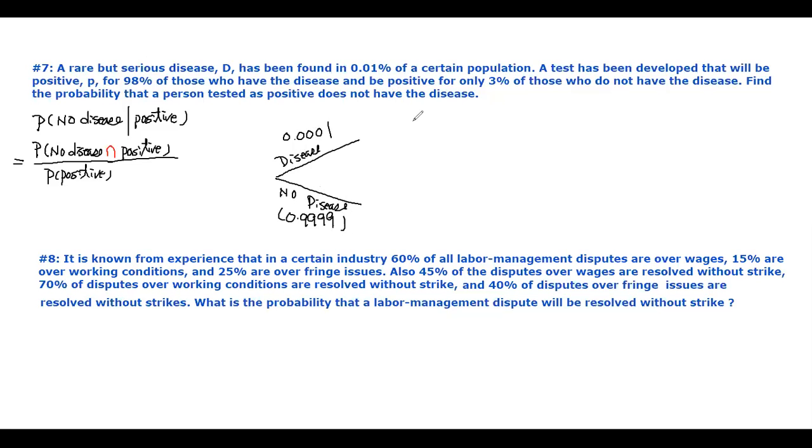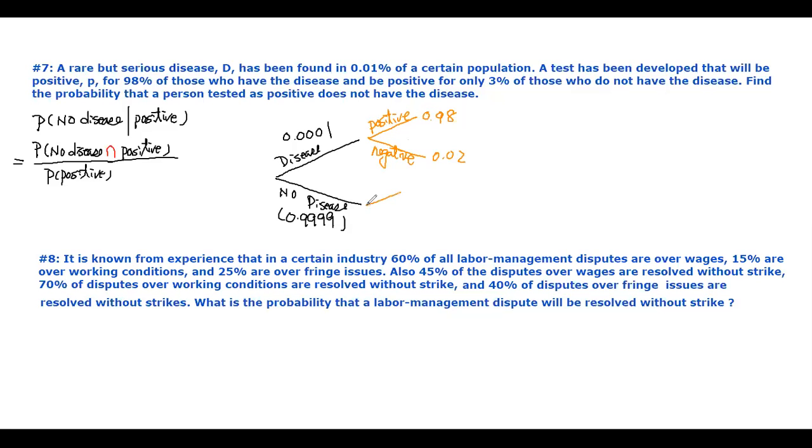Now after disease, they said, hey, I have this test. So this test, I have a positive. What is the probability that if you have the disease, you test positive? 0.98, correct? And what is the probability you get a negative result? That means if you have the disease and I cannot detect it, it will be 0.02, correct?